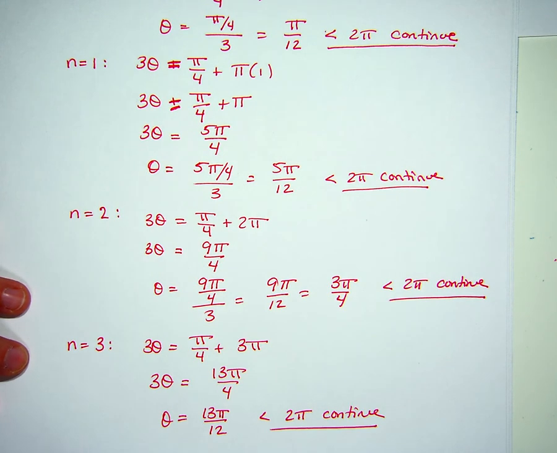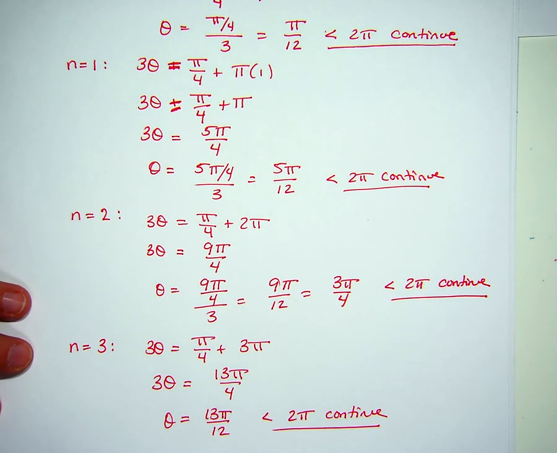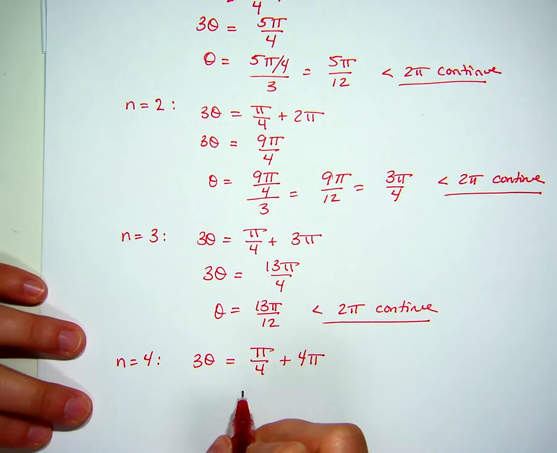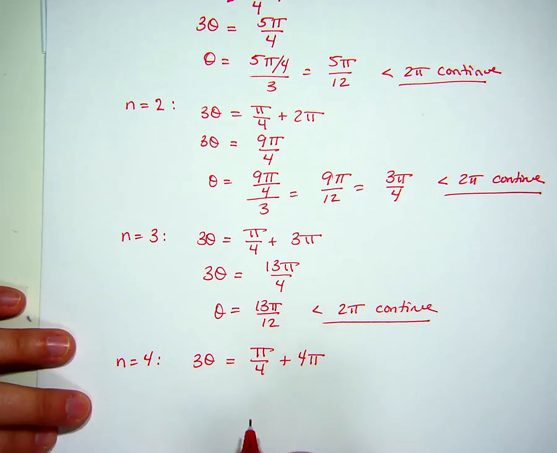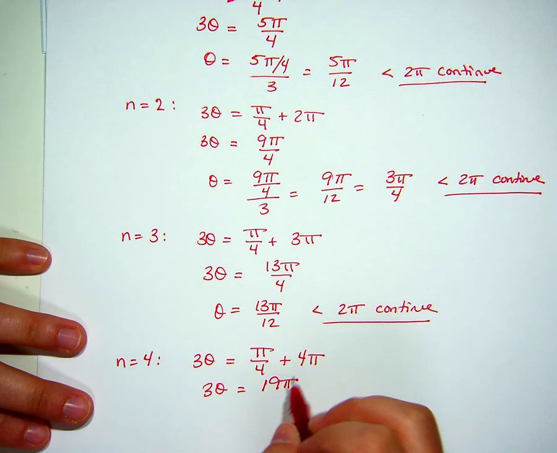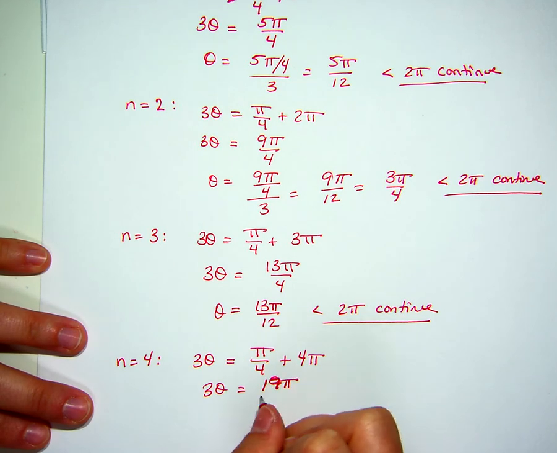Generally, they're not this long, but I want to get you in the hang of continually plugging in the n's, okay? Alright, well, continue. n equals 4. 3 theta equals pi over 4 plus 4 pi. Alright. That means I've got 3 theta equals, no, I'm sorry, 17 pi over 4.